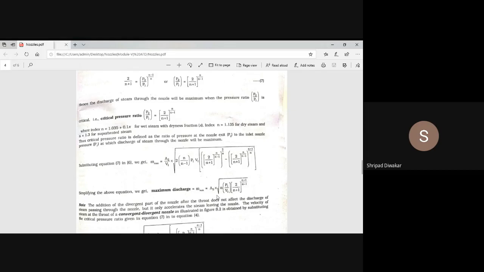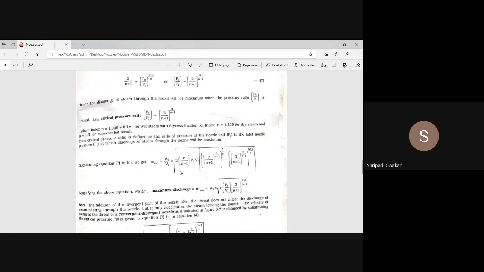Whatever equation you are seeing here is the simplified form of this equation, that is A2. Here V1 is outside, and here V1 is inside. Whenever you take the square root of V1, you can write V1 as square root of V1 into square root of V1.